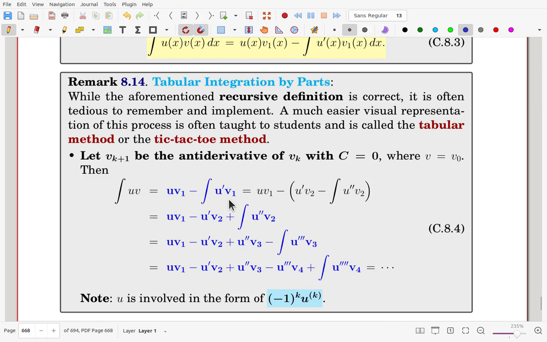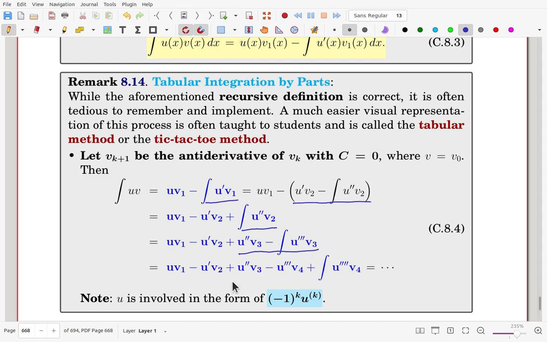Now we have this one. And for this term, we can do one more time the integration by parts. So the integration of that one is now V2, and the derivative of this one is U double prime, so that we can rewrite here. And then for this term, again, we can do integration by parts in this way.